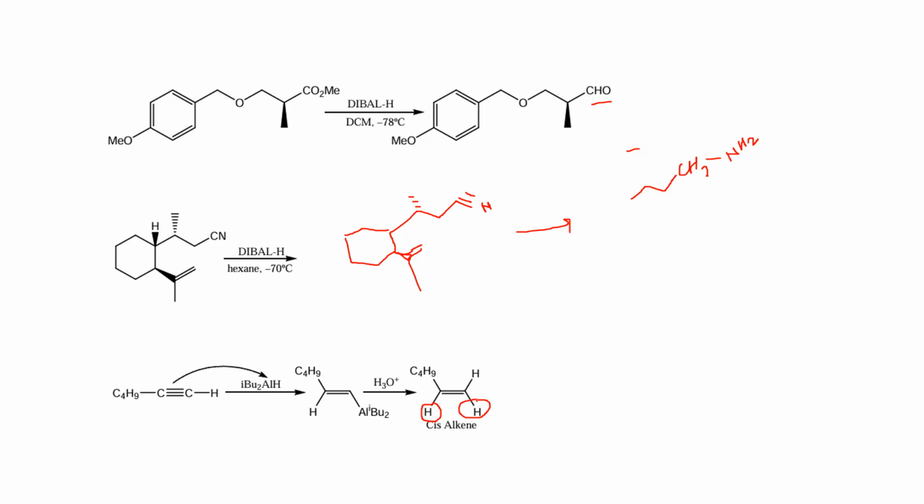So instead of H3O plus, if you add iodine into it, what will happen? This Al group will be substituted by iodine, and we will get this iodinated product in our system.